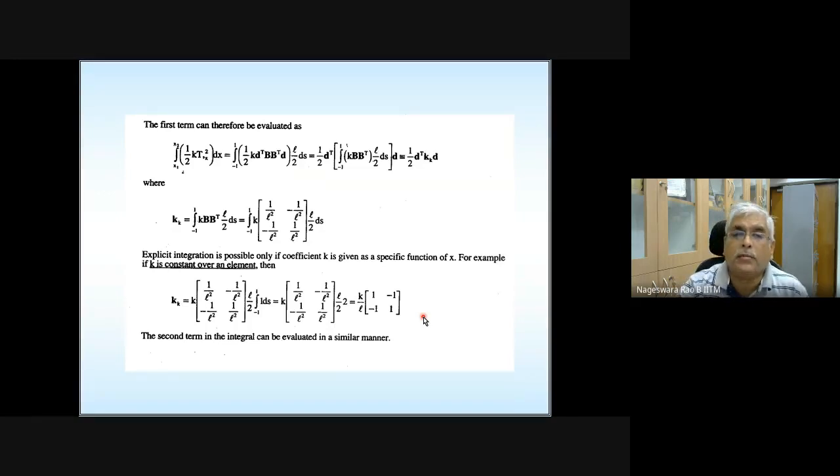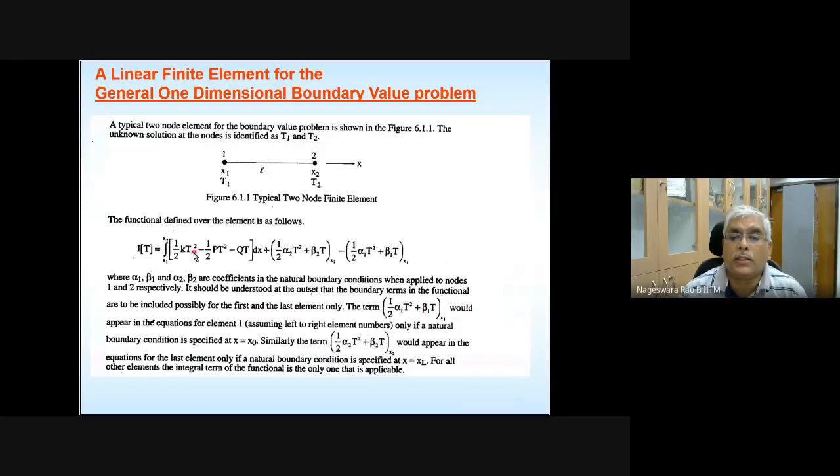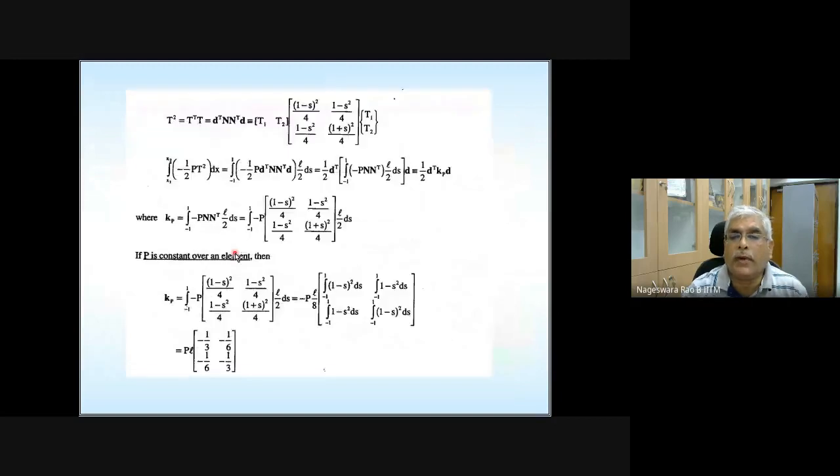What about the second term? The second term involves p times t square. How to simplify the second term? T square can be written as t transpose t. T is n transpose d. Whatever you studied, please cross check whether all this algebra is correct or not. And similarly here, the explicit form of this can be written only if p as a function of x is given.